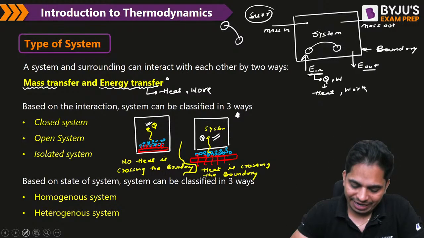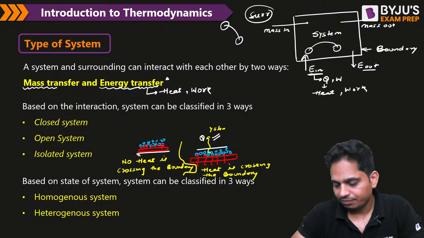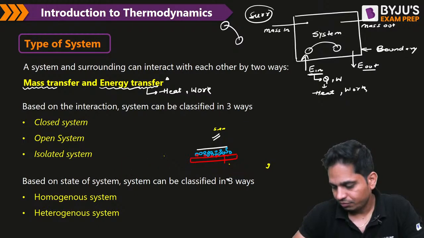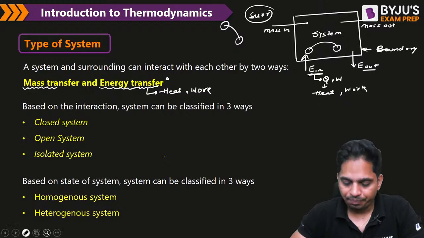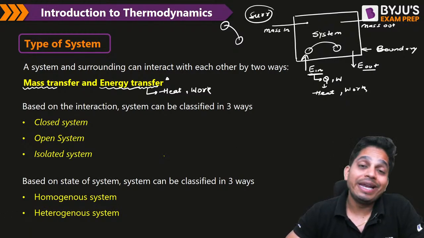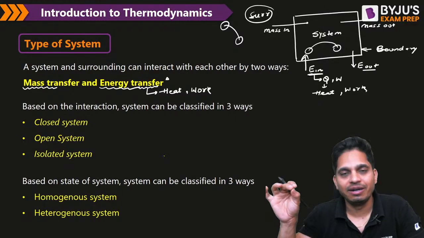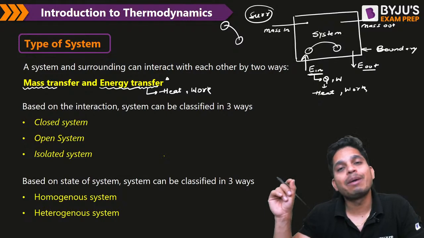Look, let me explain this again. So see, you can only say mass transfer or energy transfer has happened between system and surrounding if it is crossing the boundary.